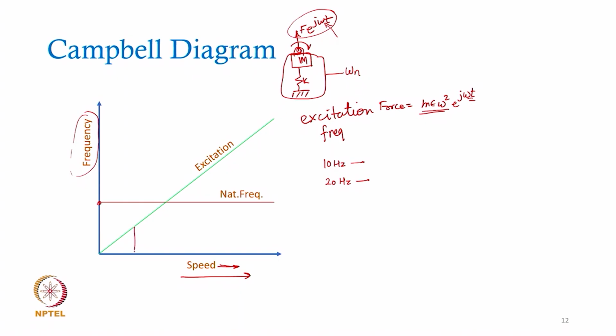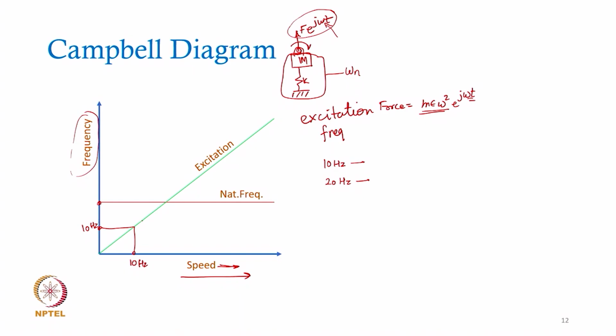So, if I run it at 10 hertz speed, 10 hertz meaning 600 rpm, the excitation frequency would be 10 hertz, because that is the frequency with which the rotor is going to excite the vibratory system.